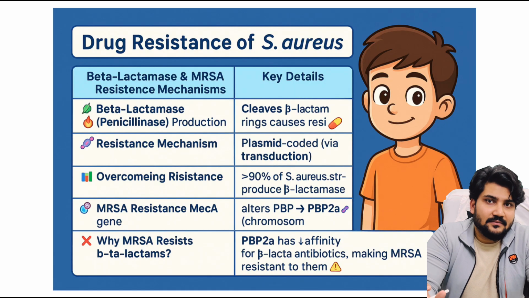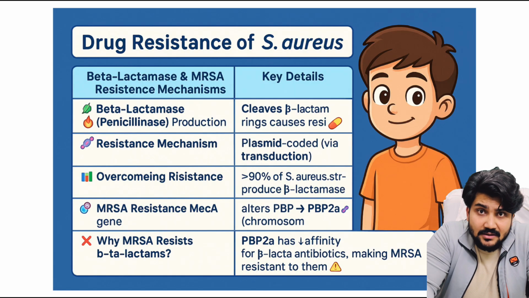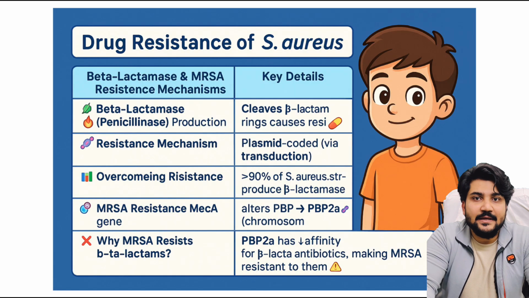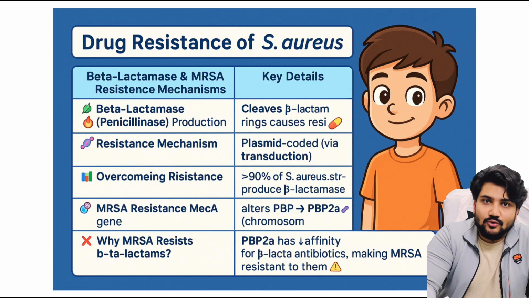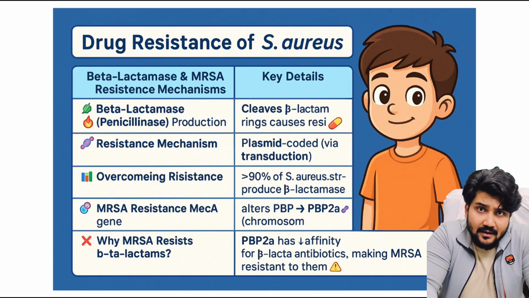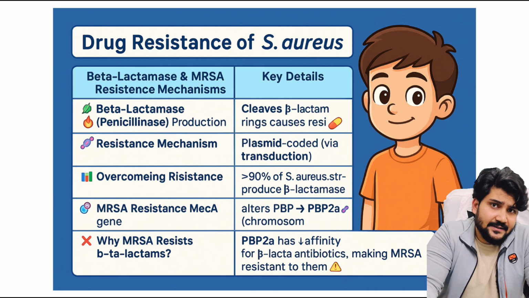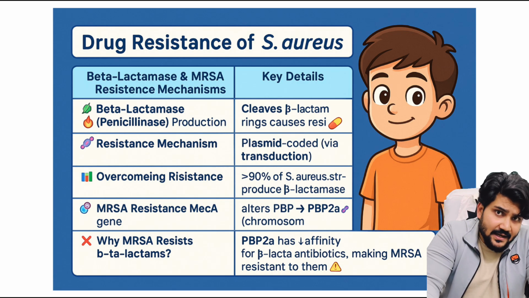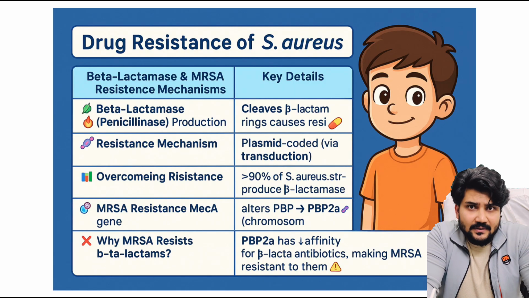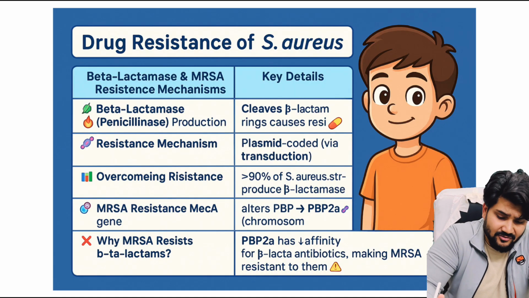This gene alters the penicillin binding protein PBP into PBP2A. So the cell wall of the bacteria becomes less sensitive to beta lactam drugs. That's why MRSA is resistant to all beta lactams like ceftriaxone, amoxicillin, ampicillin, etc.